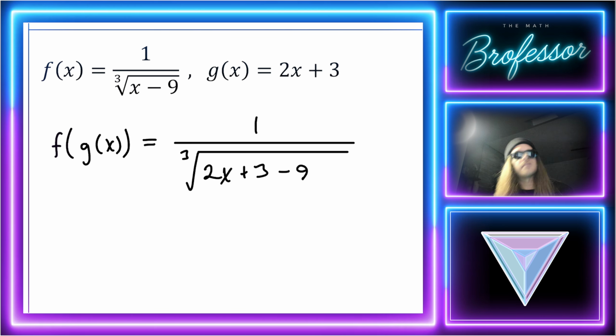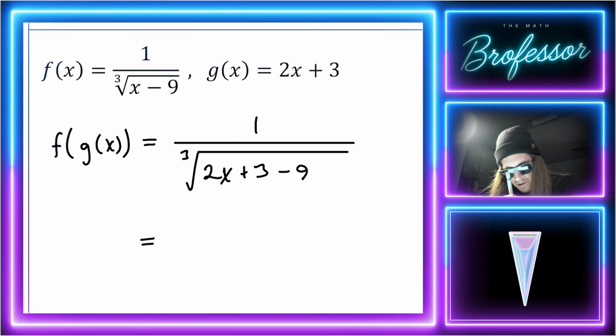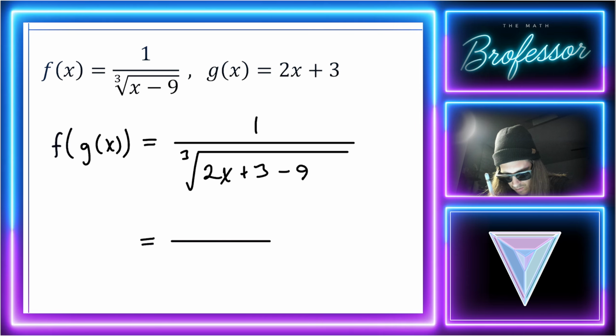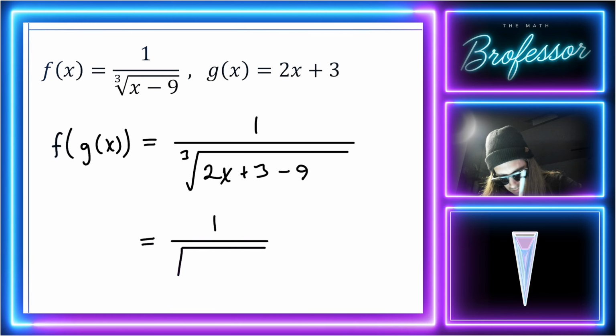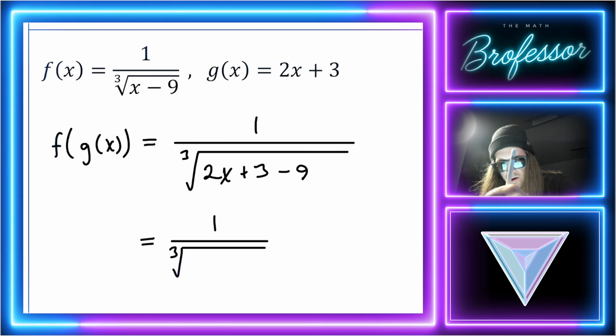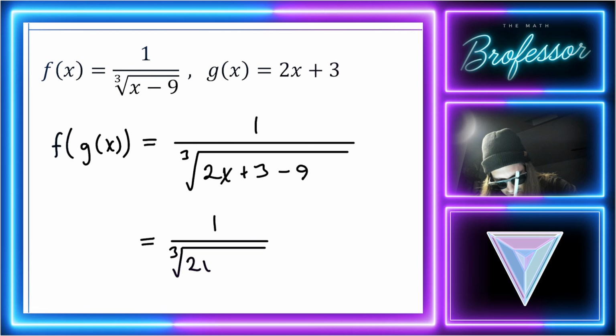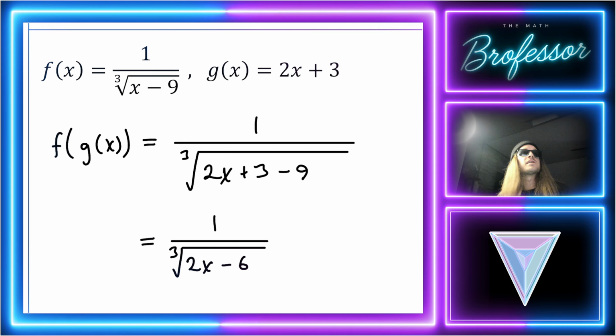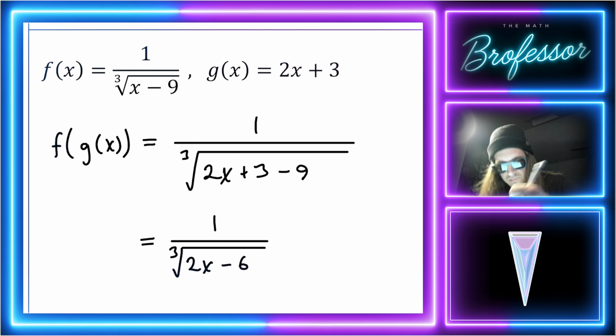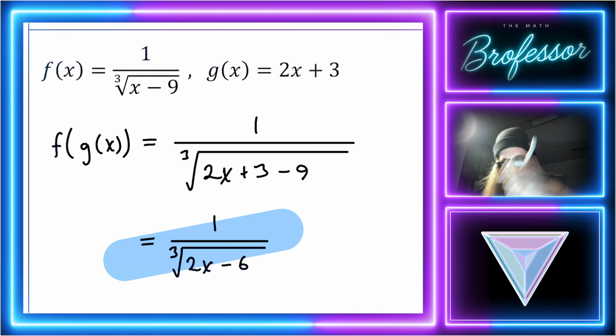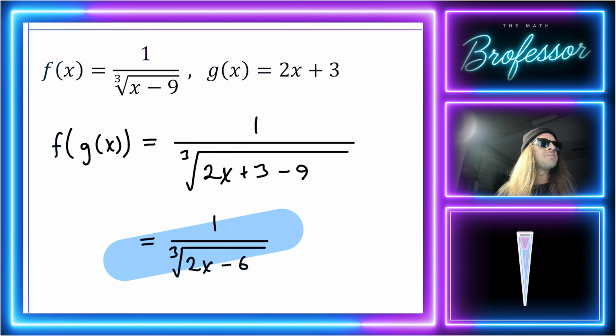And then we're going to rewrite this entire thing just for one little simplification. 1 over the cube root, and all we can simplify here is 3 minus 9, and 3 minus 9 is negative 6. And that would be it right there. Let's check that.